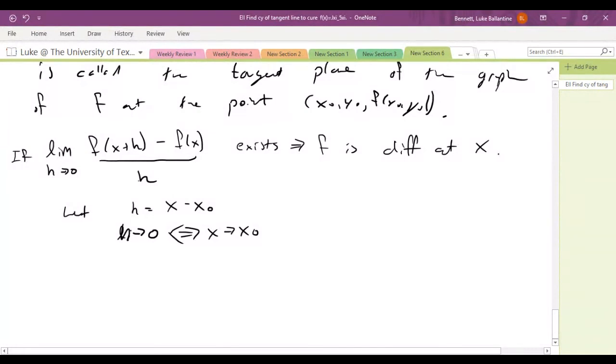And then plugging it into our limit of the difference quotient, we have the limit as x approaches x naught of f of x plus x minus x naught.